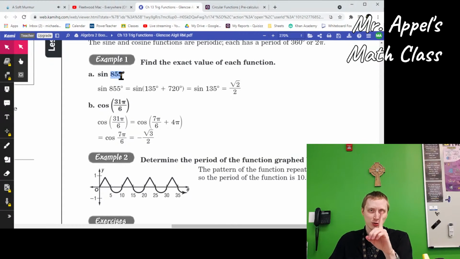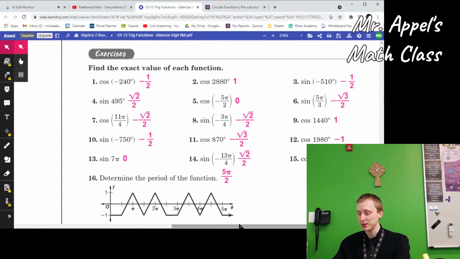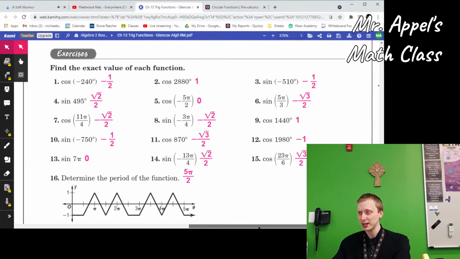But one circle is only from 0 to 360. So all of our values come from anything that's less than 360. So we can reduce any larger number to a much smaller number and find it on our unit circle. And that's what we're going to do down here. So here are the answers for those exercises.